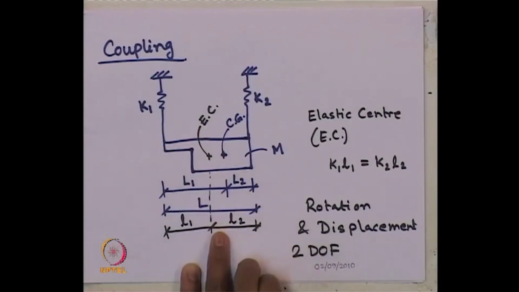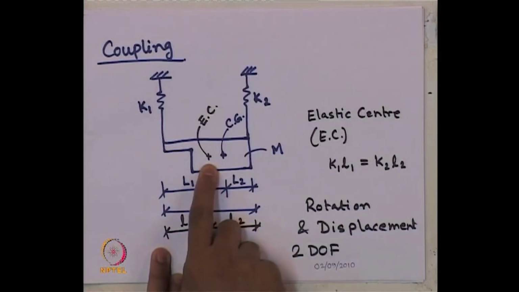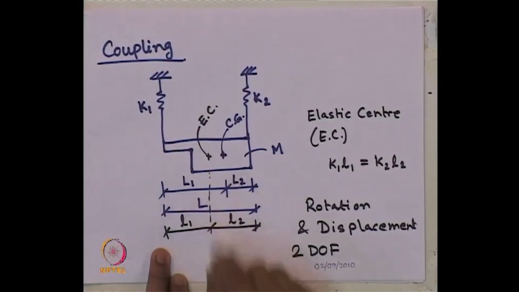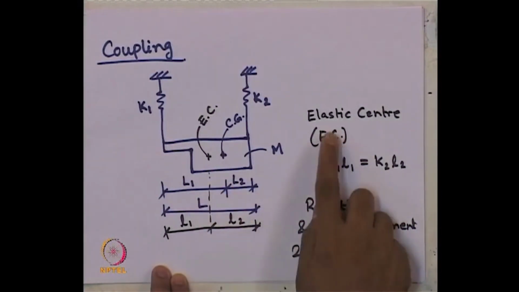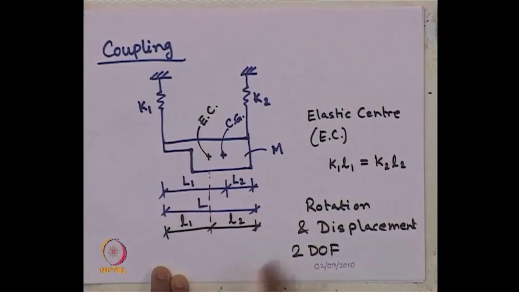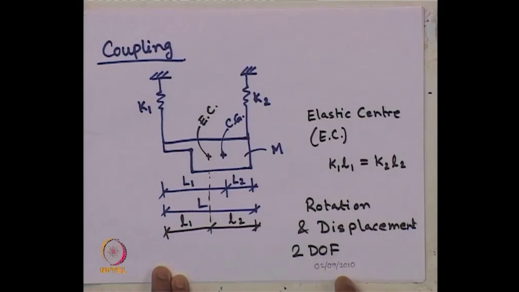How is the elastic center defined? If the distances from the two ends where the springs are connected are L1 and L2 from this elastic center to the corresponding springs connected to the beam, then the elastic center is defined such that K1 times this distance L1 should be equal to K2 times this distance L2.